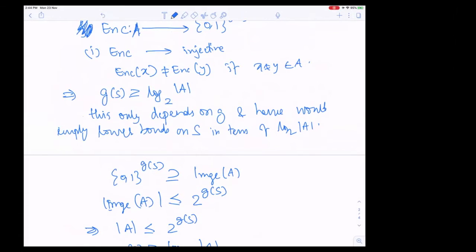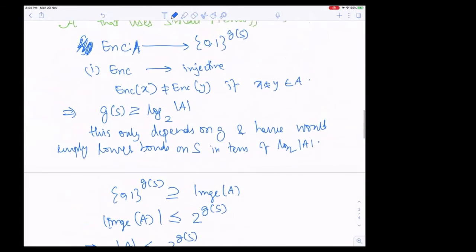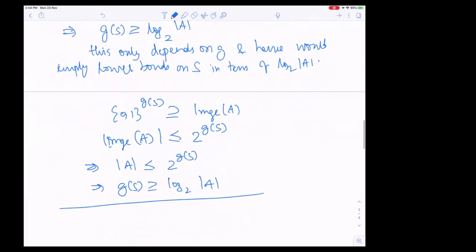Okay. So the next question is, this is the kind of argument we will use. Why is this called a compression argument?